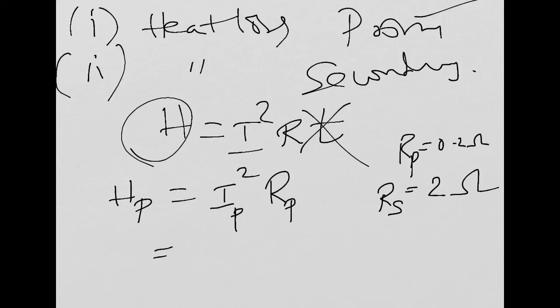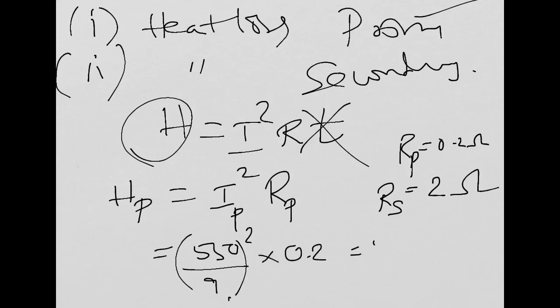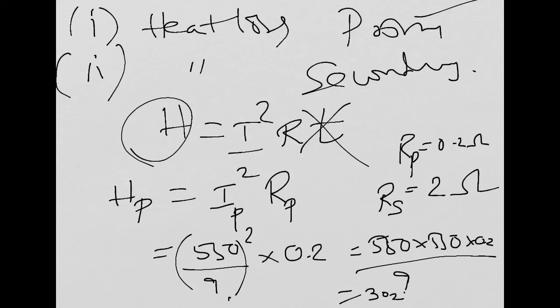So instead of IP, I know the IP value I found out some time back: 550 by 9, the whole square, into RP, which is 0.2. So it's simply 550 into 550 into 0.2 by 9. I have to work it out. I have to cancel it out now, right? So 55 into 55, which is 3025, then 0 0 into 0.2 by 9.